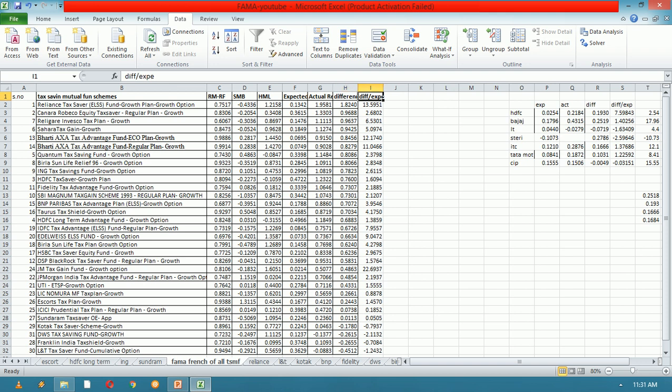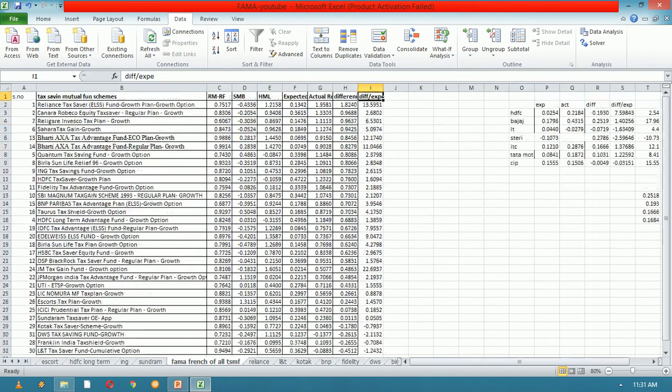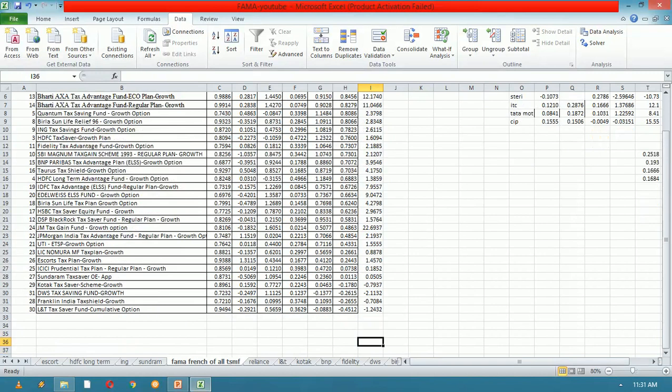Now, based on the difference between expected and actual, you can interpret. If the difference is low, the fund is performing as per expectation, and if the difference is too high, the fund is not performing as per expectation. Like that you can give interpretation.